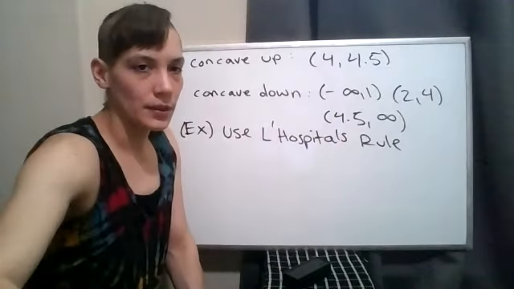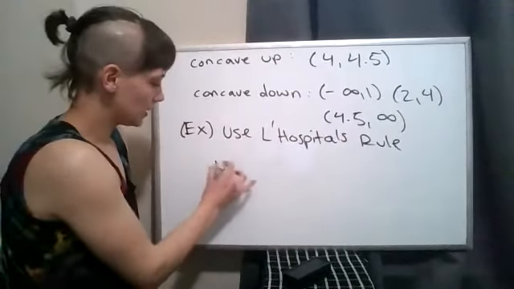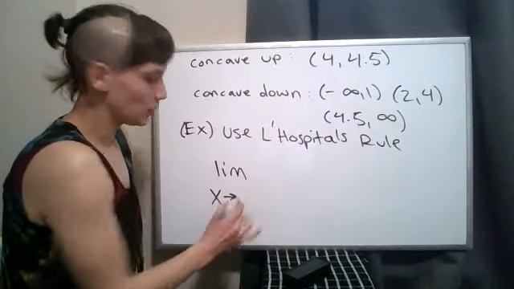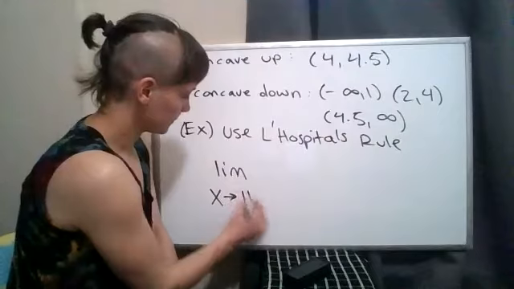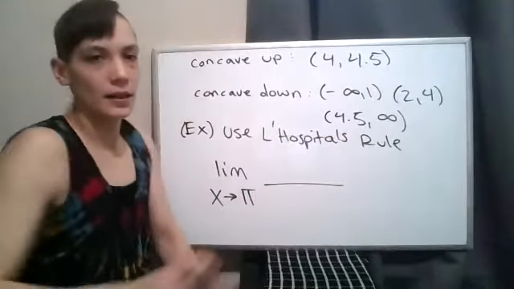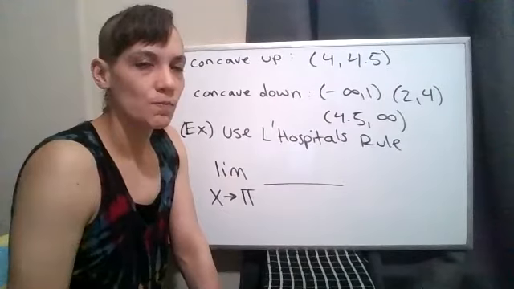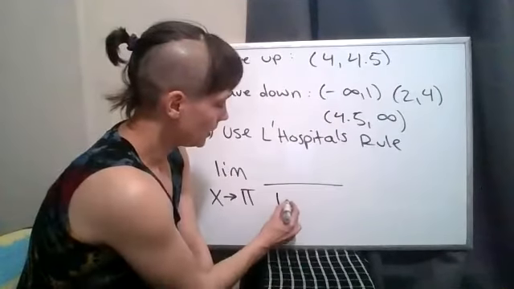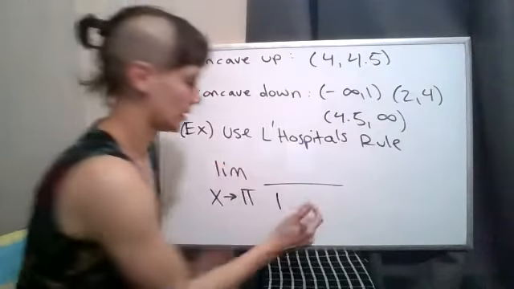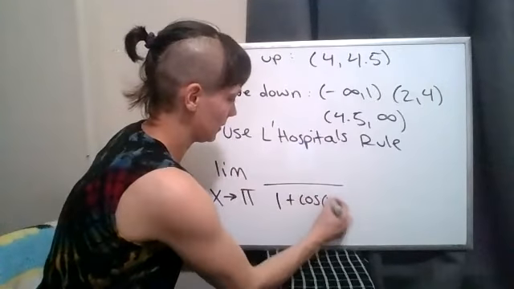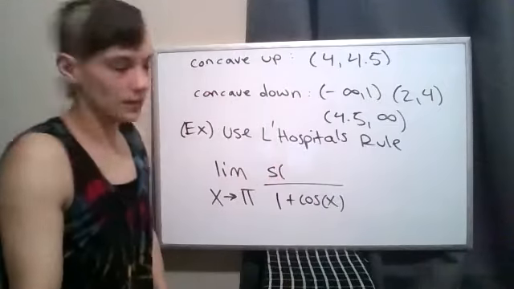Let's do the limit as x goes to pi of, I think we did something like this already, but we're gonna have 1 plus cosine of x over sine of x.